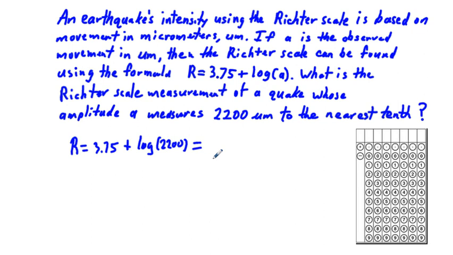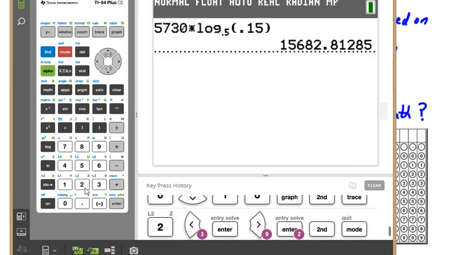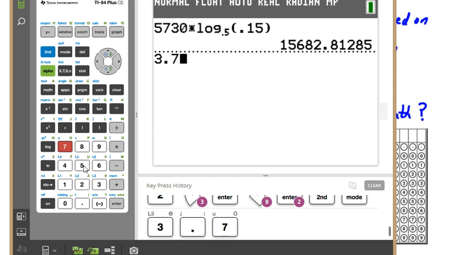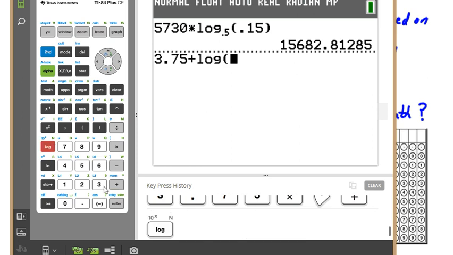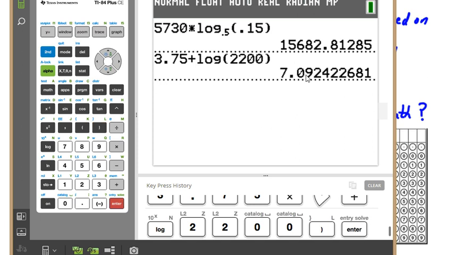So we can just put this in our calculator. Right up here, 3.75 times, or plus, log of 2200, and we get 7.09.